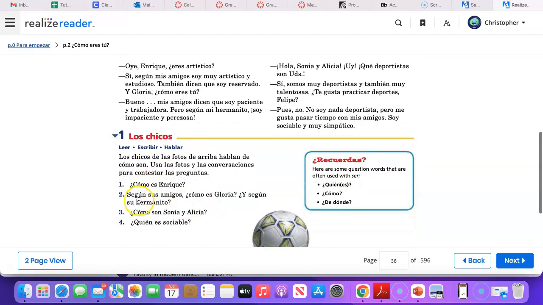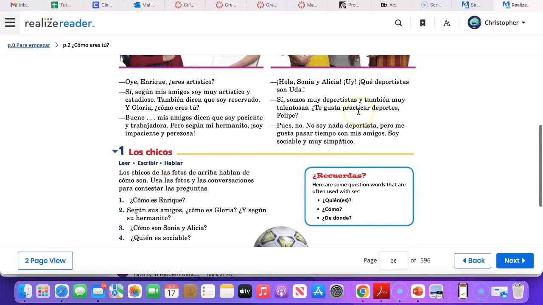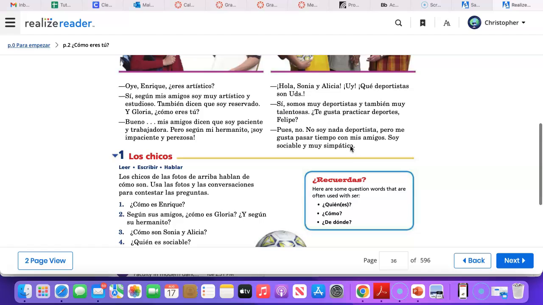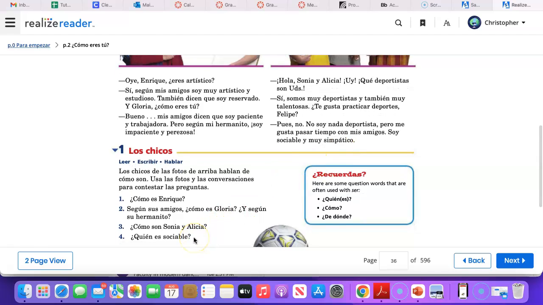So number 2, según sus amigos, ¿cómo es Gloria? Y según su hermanito, according to Gloria's friends, what is she like? And according to her little brother, what is she like? You can find the answer in the dialogue box here. ¿Cómo son Alicia y Sonia? You can find that answer here. And ¿quién es sociable?